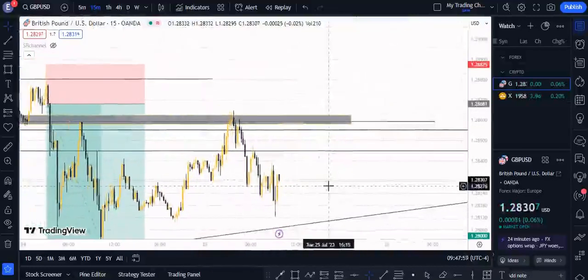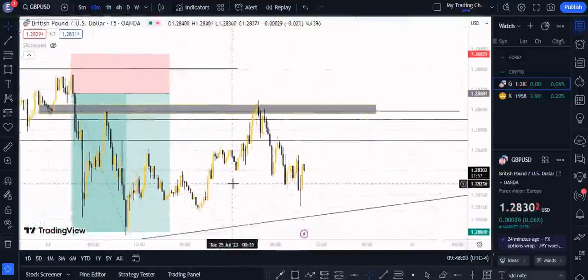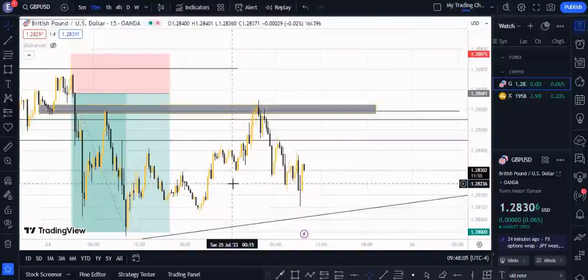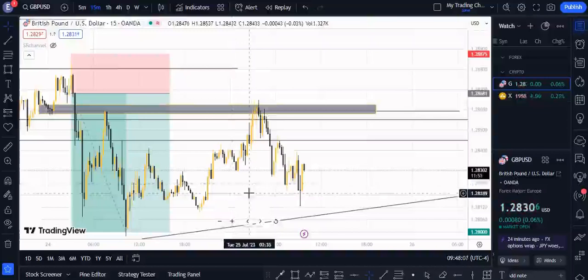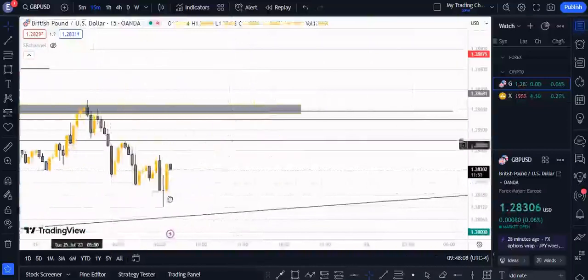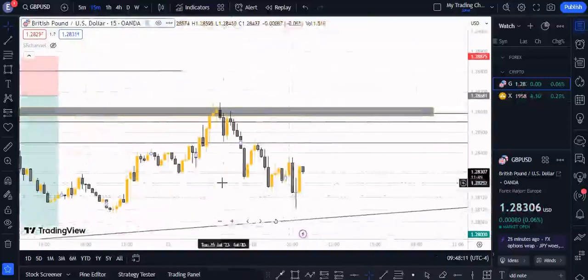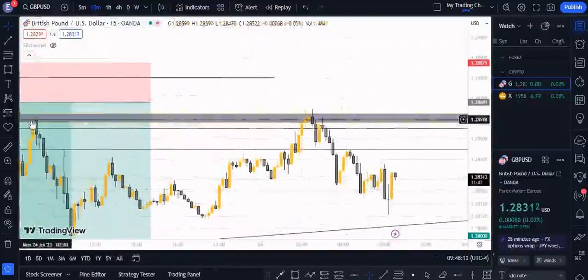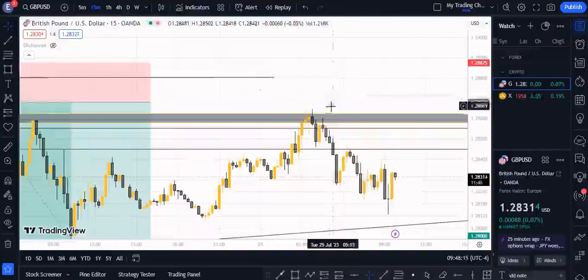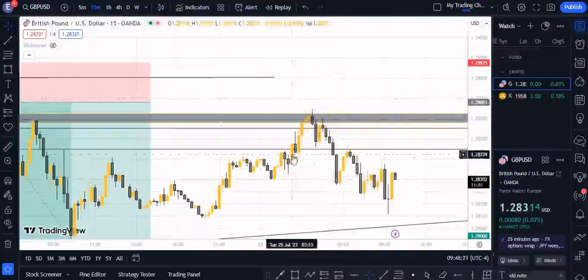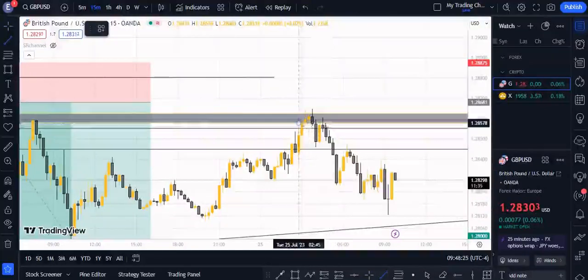Now we have multiple confirmations with this entry that give us the sign that the market is going to shoot to the downside. This is the fourth confirmation that we see. When the market comes to this zone, it starts creating a weak rejection at this area, and then we see a black candle closing above this candle right here.